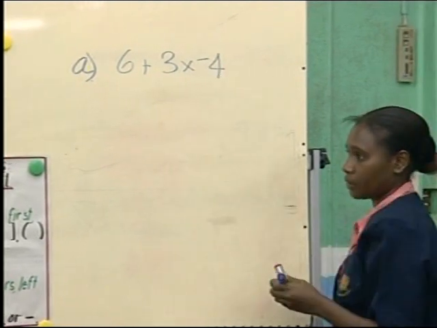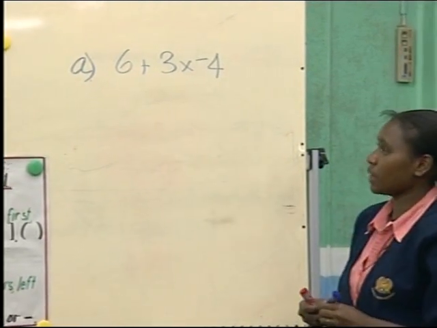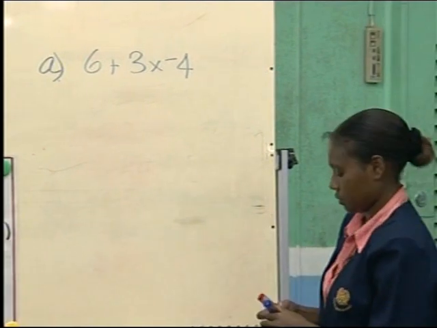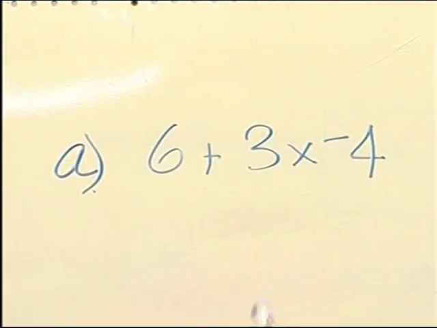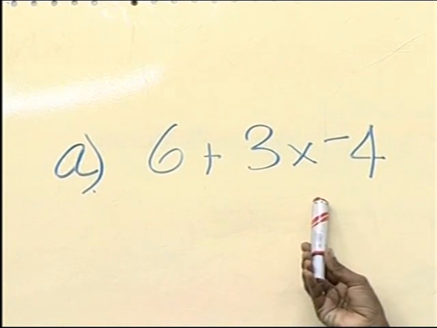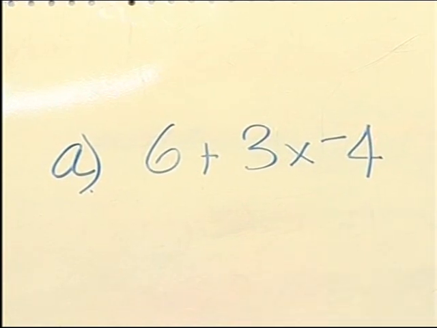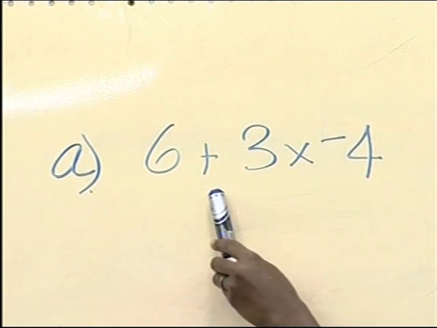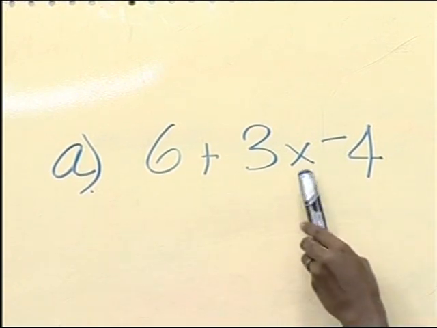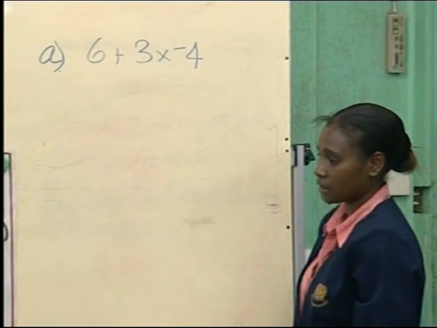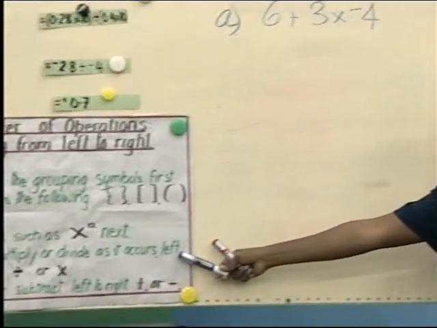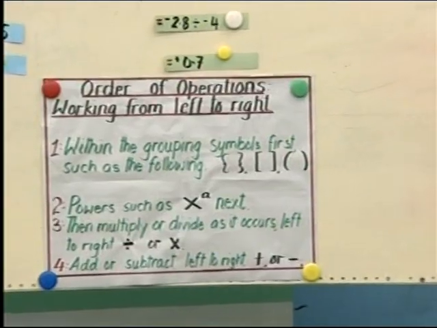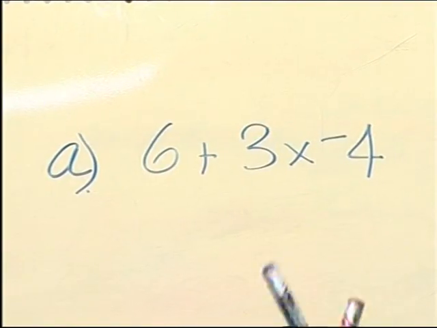Okay, looking up the board, we have 6 plus 3 times negative 4. I've asked you to group this problem here, because in this problem you have addition sign and also multiplication. Your rule number 3, that's the third step that you will take, but it will apply in this problem here.